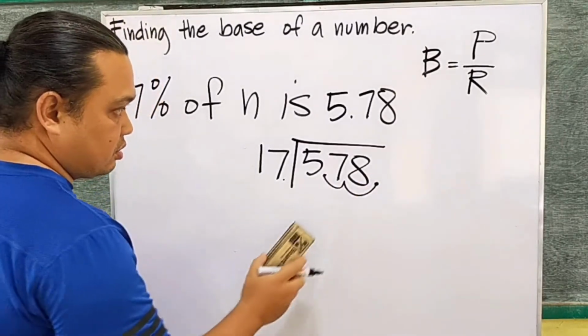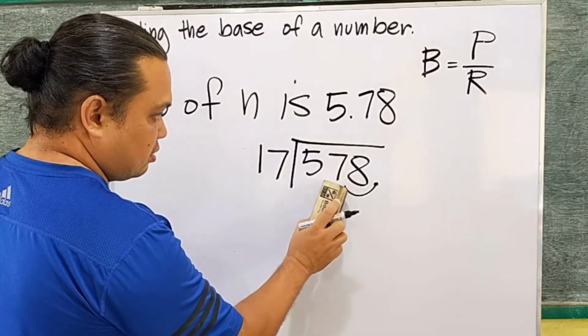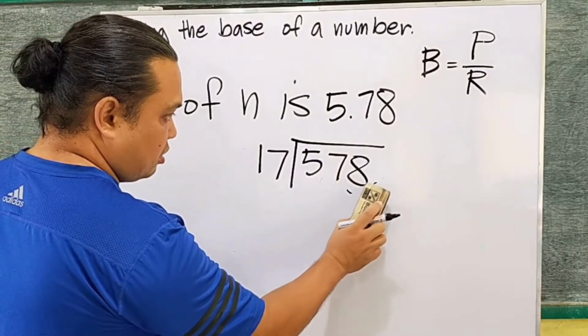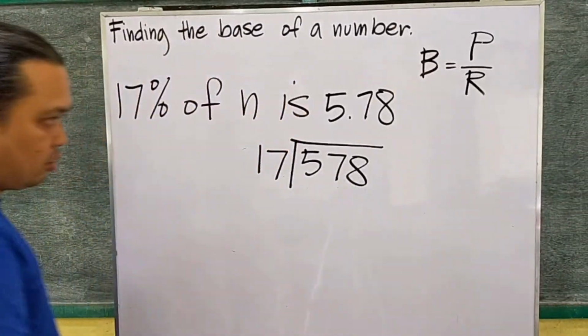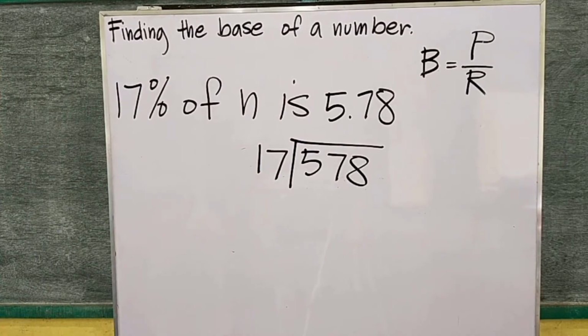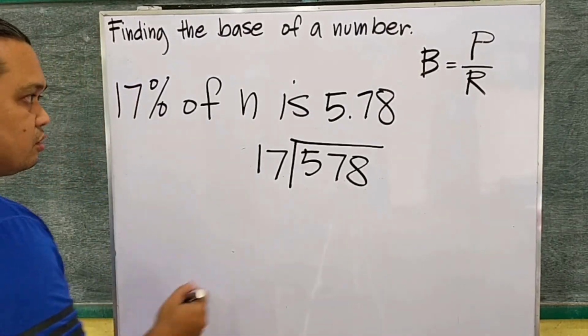It becomes 578. So we are now dividing a whole number by a whole number. 578 divided by 17. Now let's try 3 here. 57 divided by 17, so we have here 3.